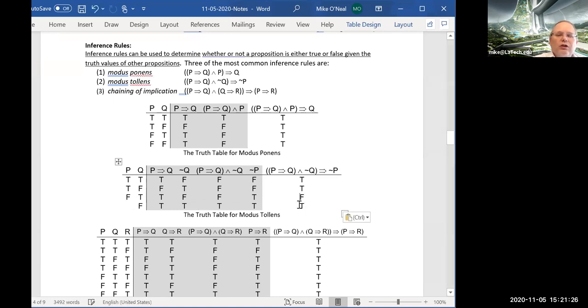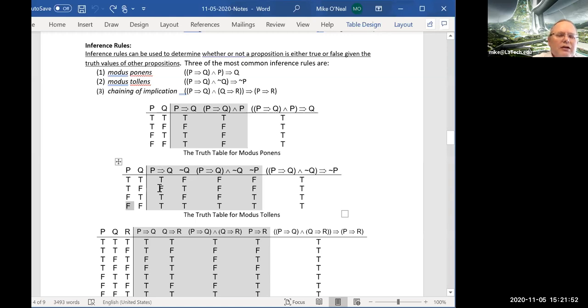This is the world in which we use modus tollens. Okay. But let's make sure we understand the other lines of the table. So what about line 2 of the table? What is it saying?